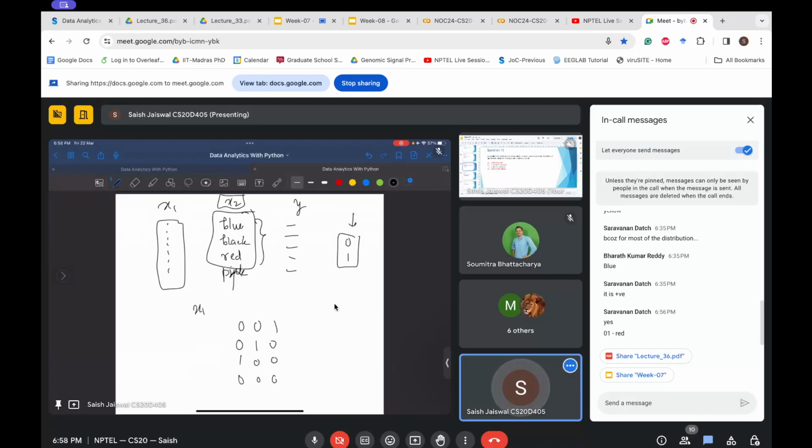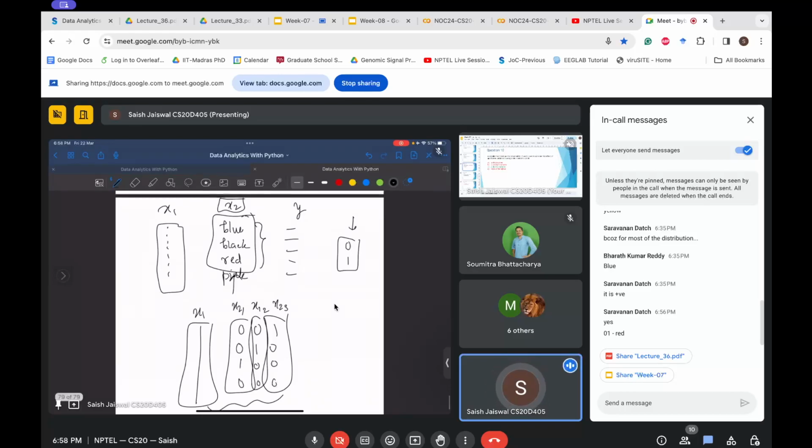So you have x1 with certain values, and let's say this is x21, x22, and x23. So now you have 4 independent variables and one dependent variable. So you can fit a multiple regression model on top of these independent variables.